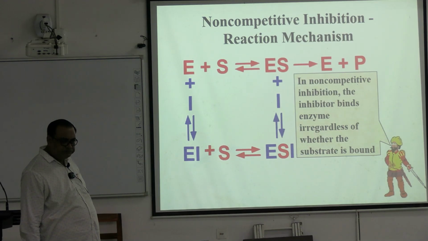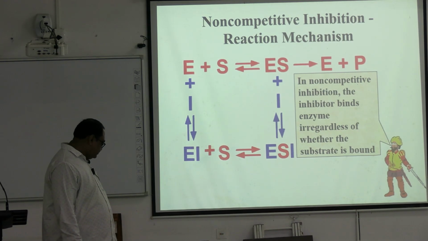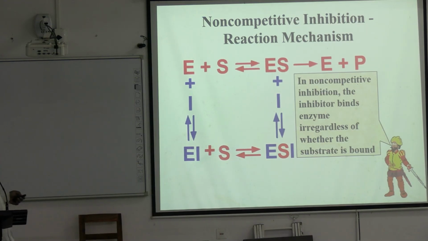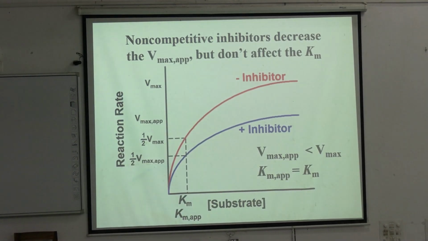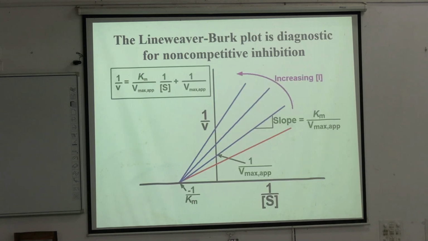Clear? Follow? So if we see this reaction flowchart, then our graph will be like this. This graph shows what?